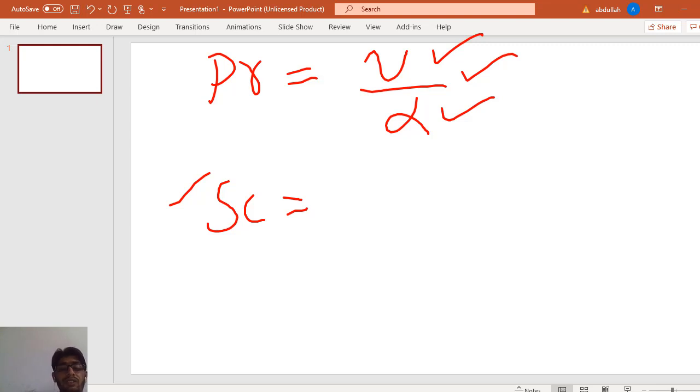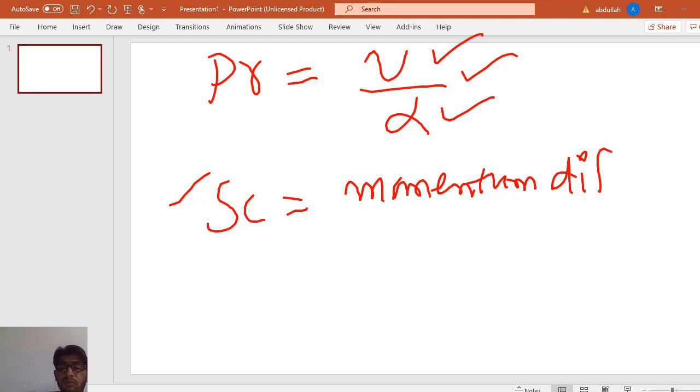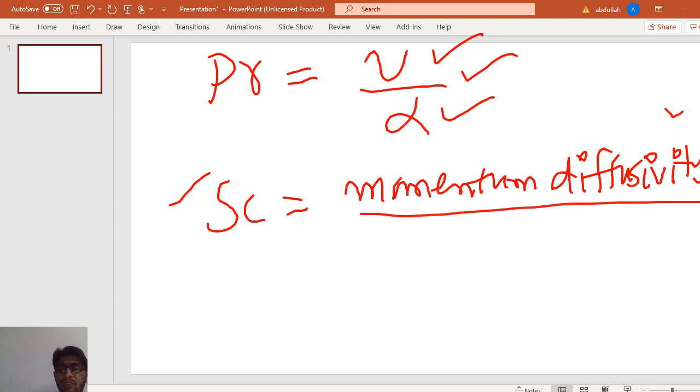The Schmidt number is the ratio of the momentum diffusivity to the mass diffusivity.